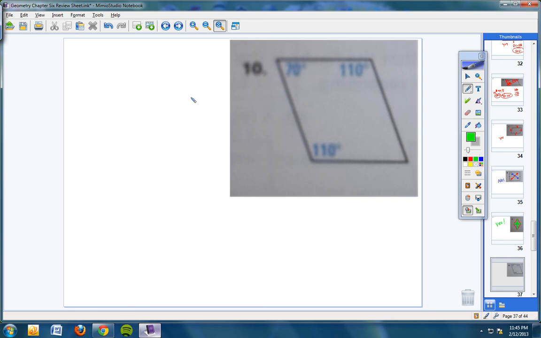All right, number 10. Remember one of the ways I taught you to prove that a quadrilateral is a parallelogram was this. You take one angle right in the middle here, and if that one angle is supplementary to both of the angles on both sides of it, then it is a parallelogram. That's one of the 5 ways. How do we word that?